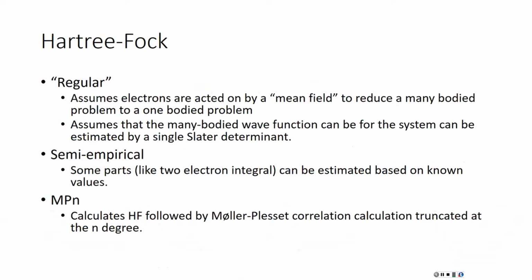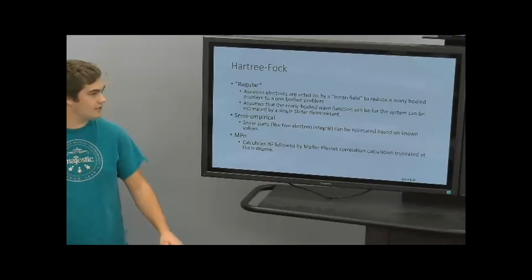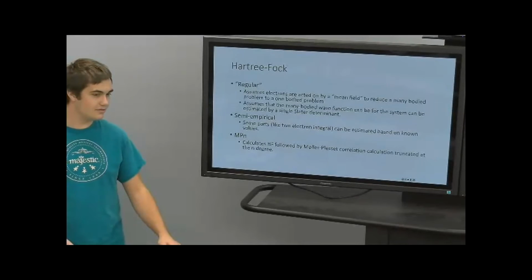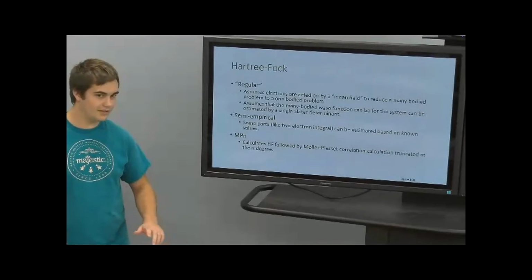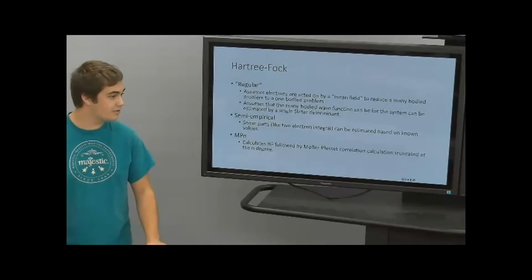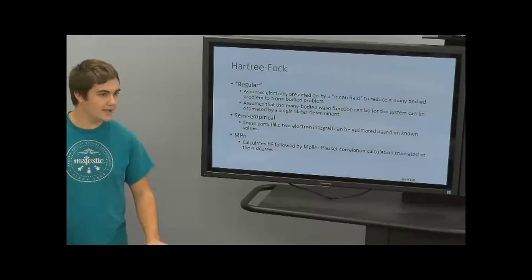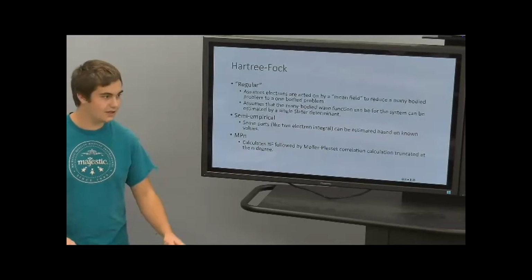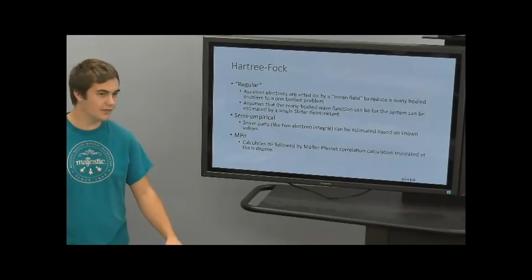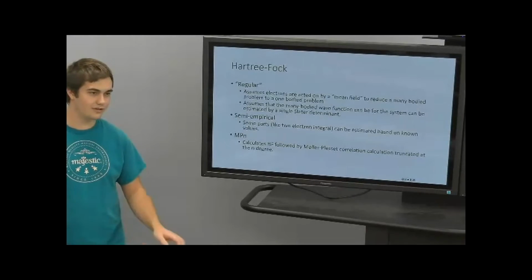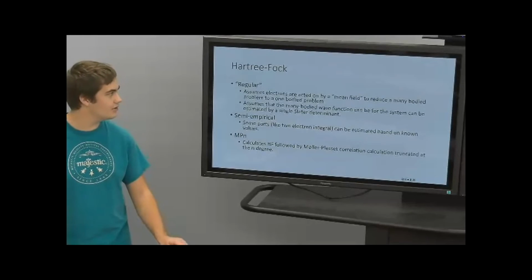Moving on to what we've been learning a lot in class, the Hartree-Fock methods. The regular Hartree-Fock method simplifies the many-body Schrodinger equation in a couple of ways. Firstly, electrons get acted on by a mean field instead of potentially hundreds of other electrons, making it one interaction instead of hundreds to compute.